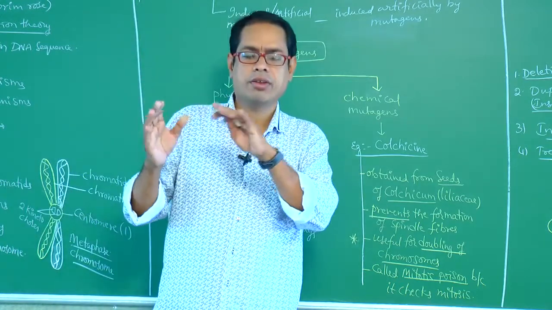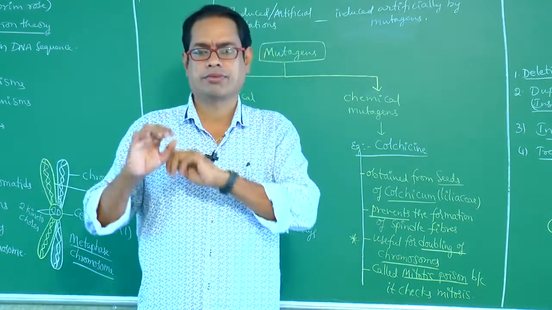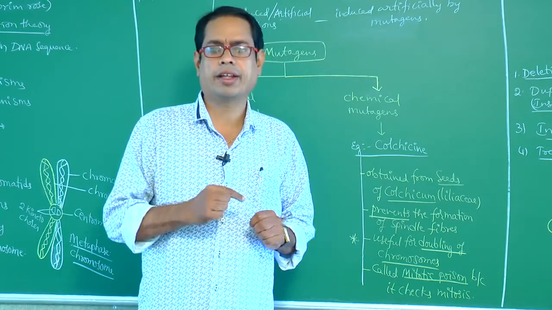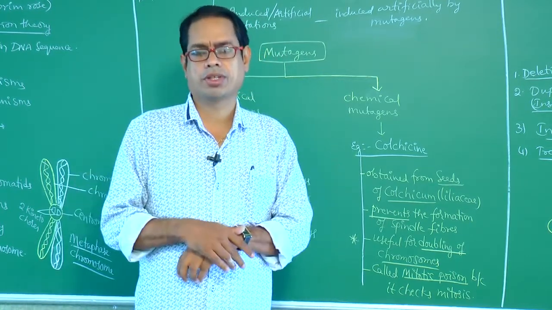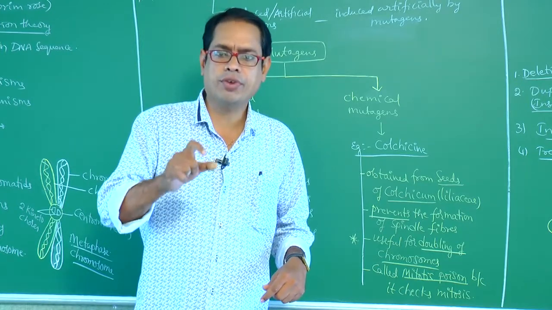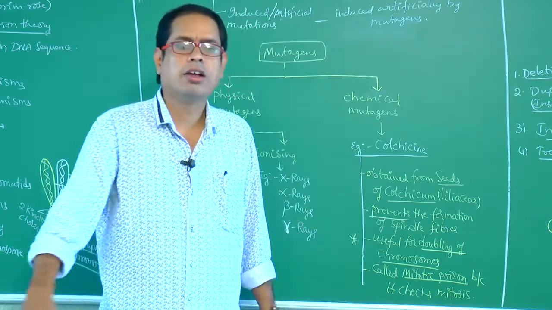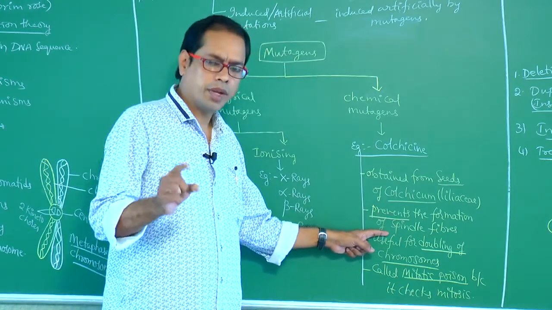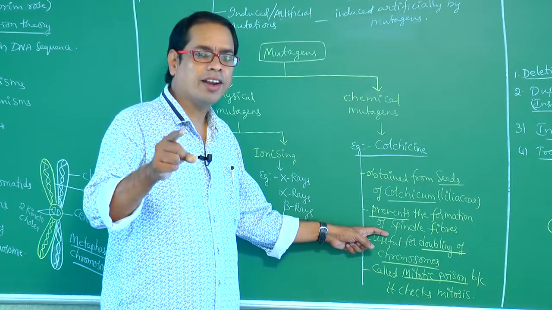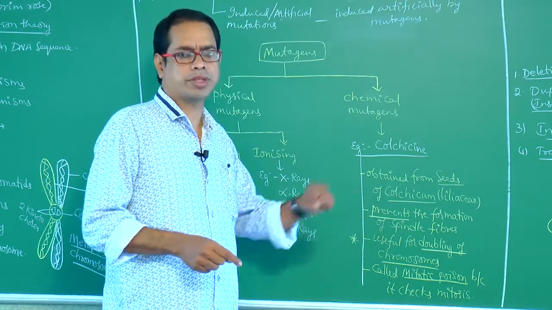When colchicine is applied, there is no formation of spindle fibers. So colchicine is useful to prevent the formation of spindle fibers.